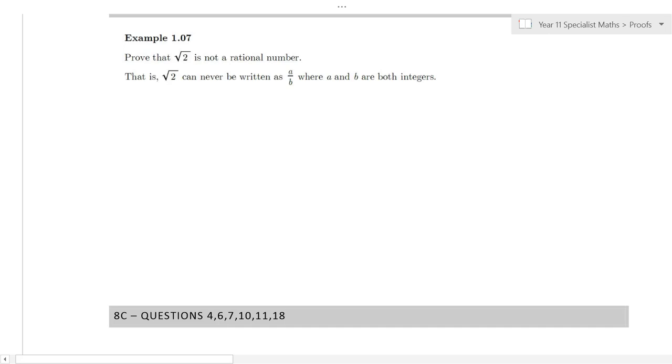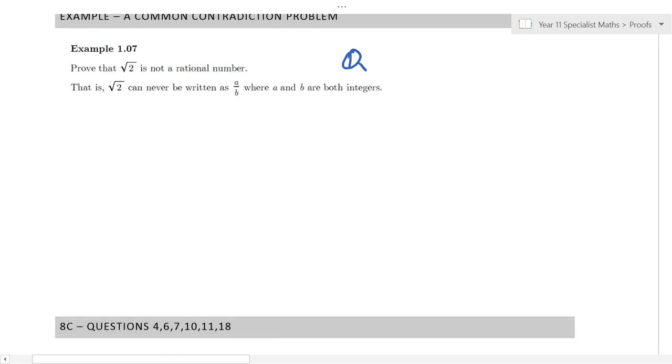Now, when I'm talking about rationals, have you guys seen this before? Q, what does that mean? Rational.